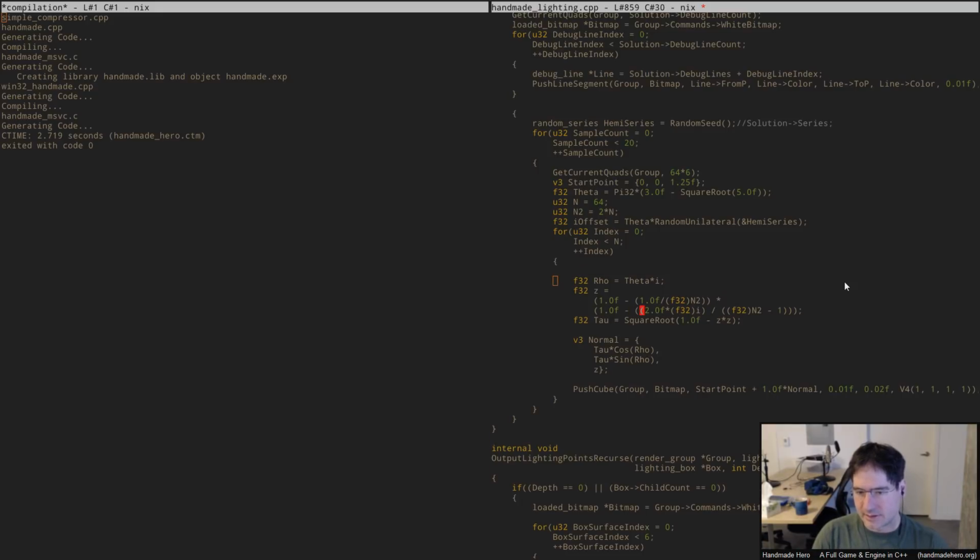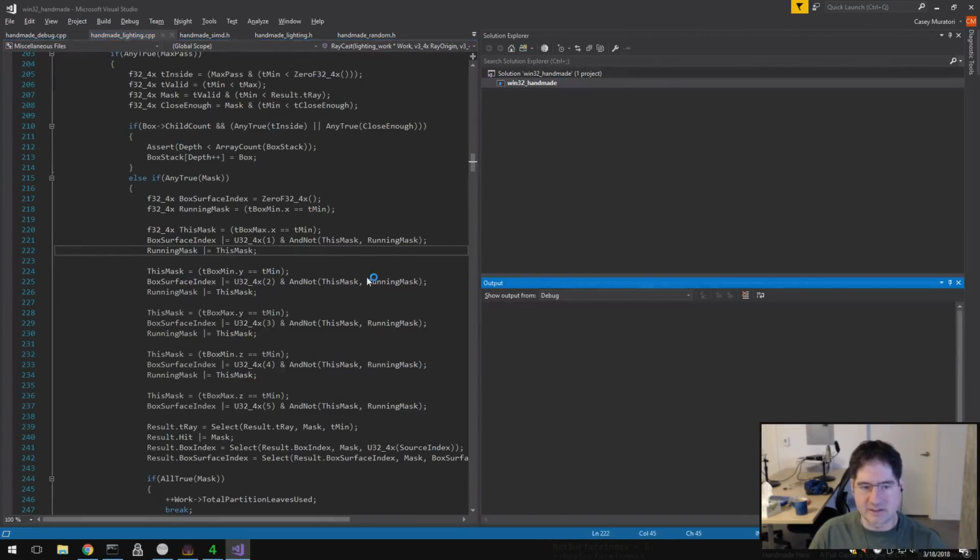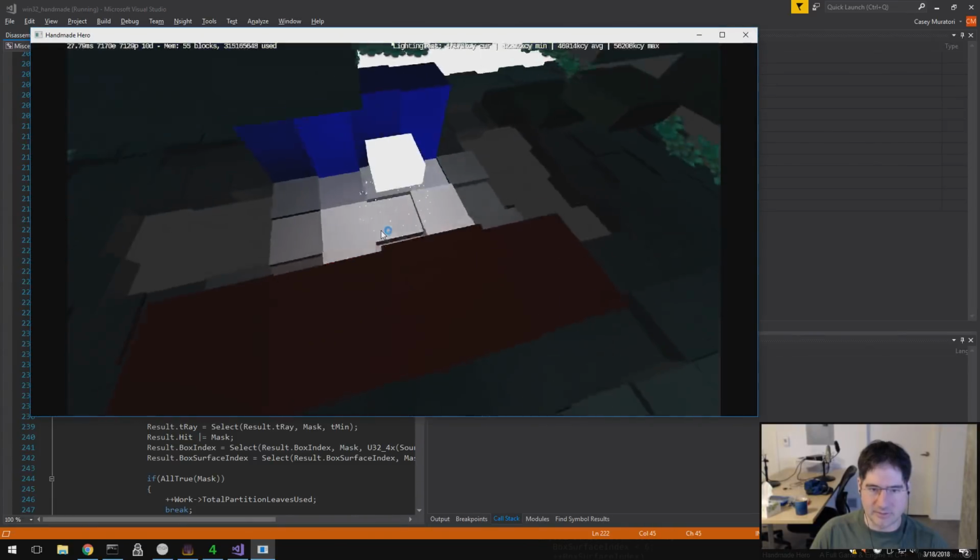And let's take out these F32s, these will just be F32s. So here we go. Now we've got the fairer test of this actual 64 rather than the 16. Let's take a look at that again now that I'm doing it fairly.